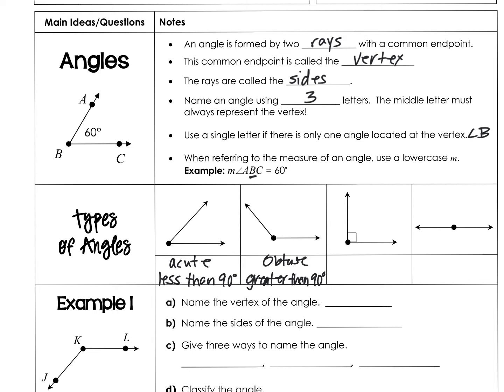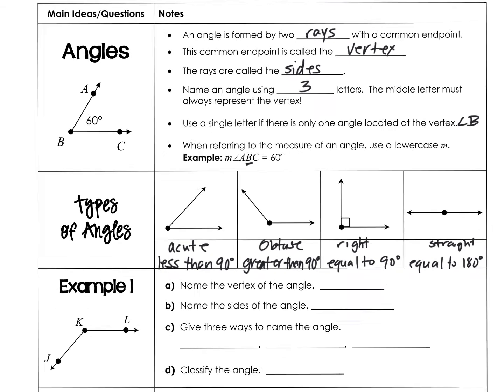And we have a right angle, and they are equal to 90 degrees. And last, we have a straight angle, and straight angles are equal to 180 degrees.